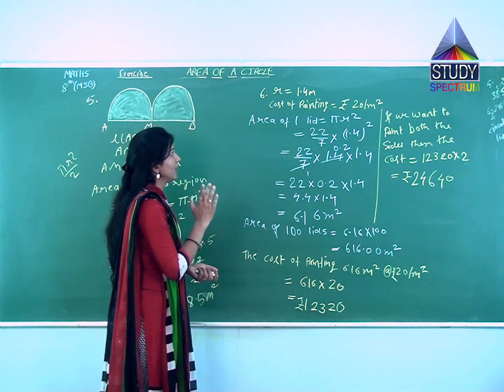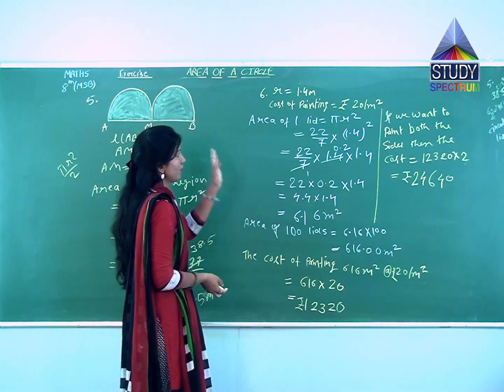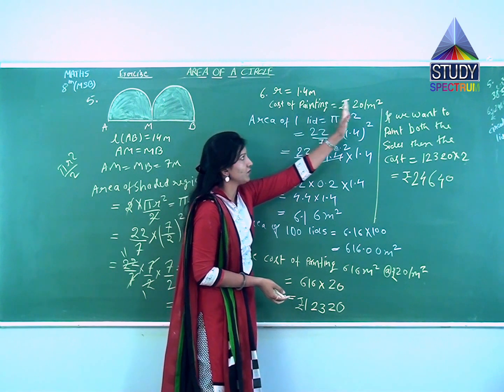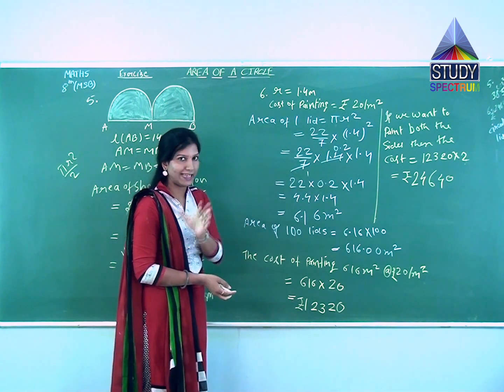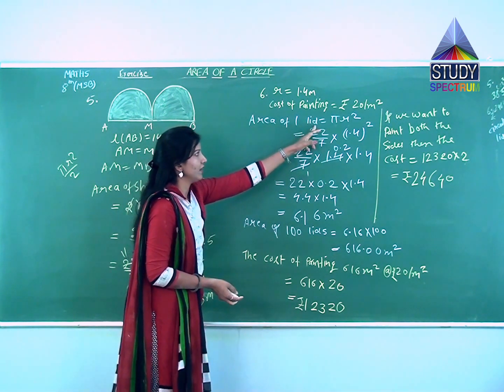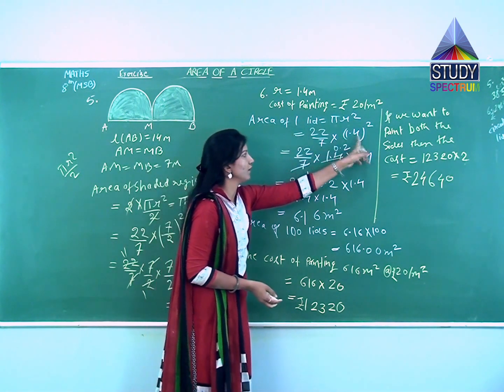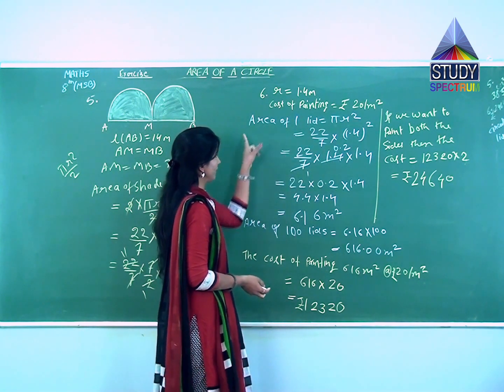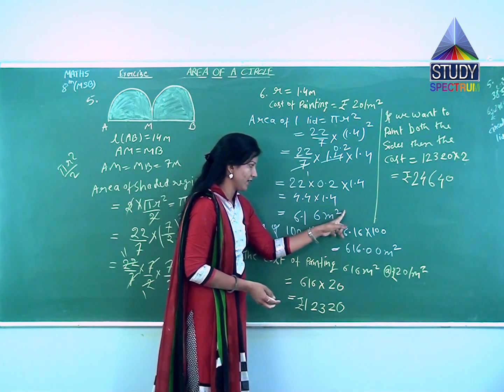We have to paint 100 lids of that type and the cost of painting is rupees 20 per meter square.